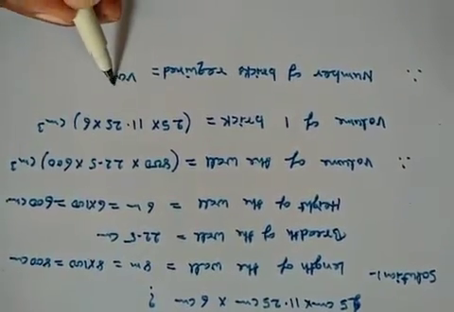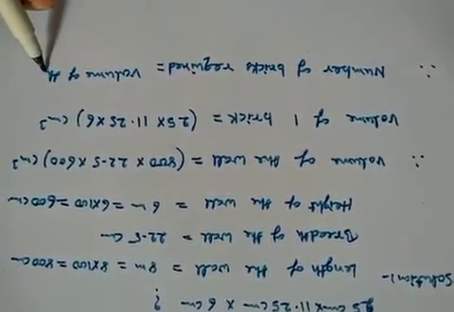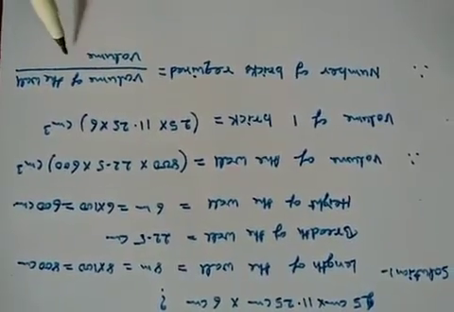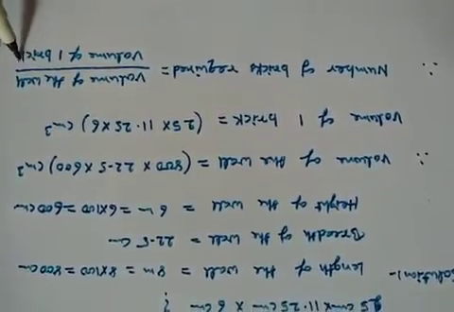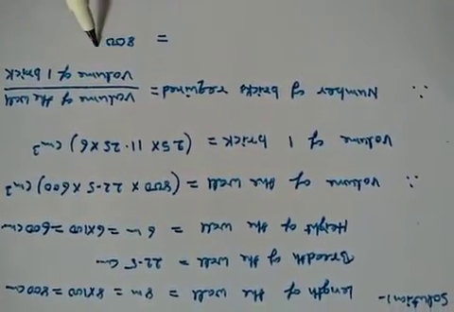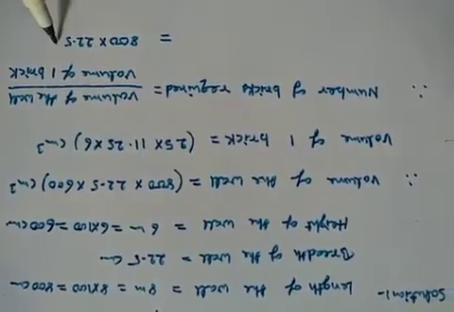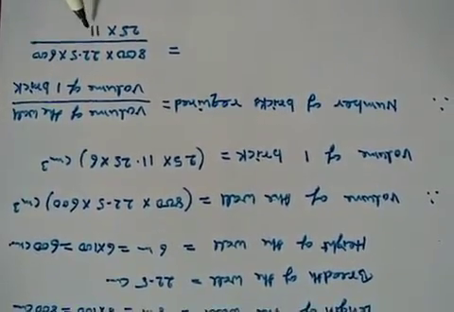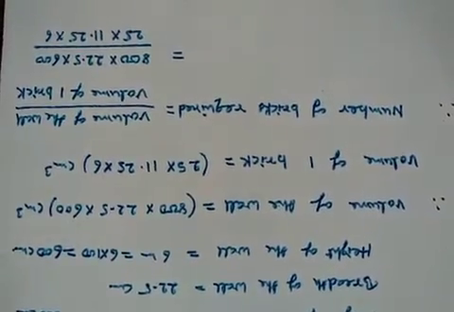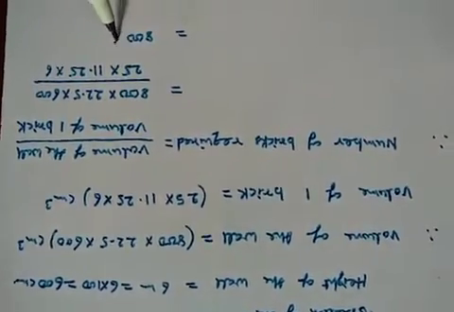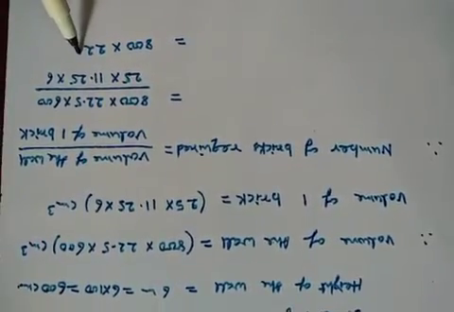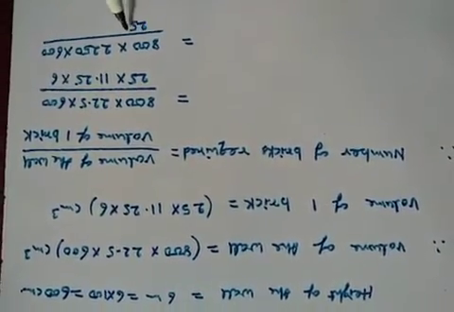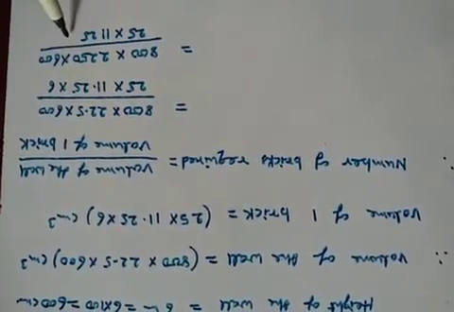equals volume of the wall divided by volume of one brick, equals 800 into 22.5 into 600 divided by 25 into 11.25 into 6, equals 800 into 2250 into 600 by 25 into 1125 into 6.